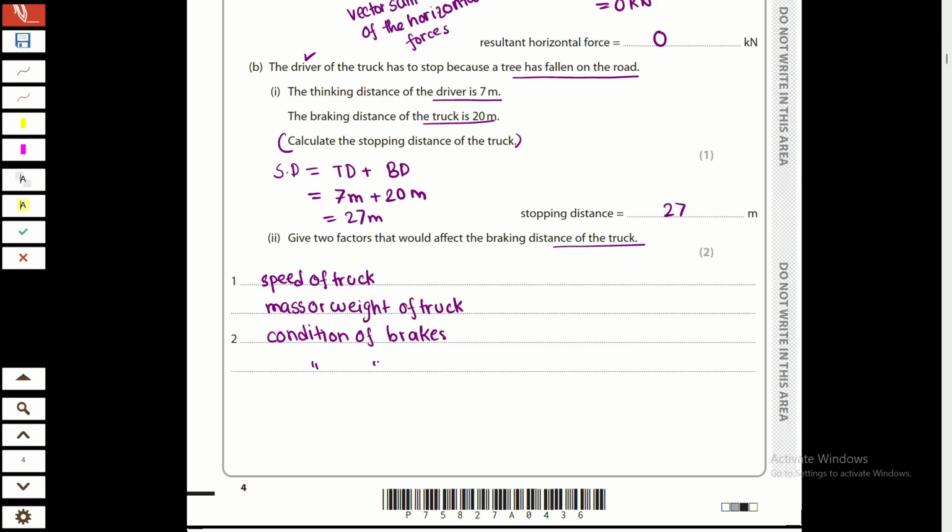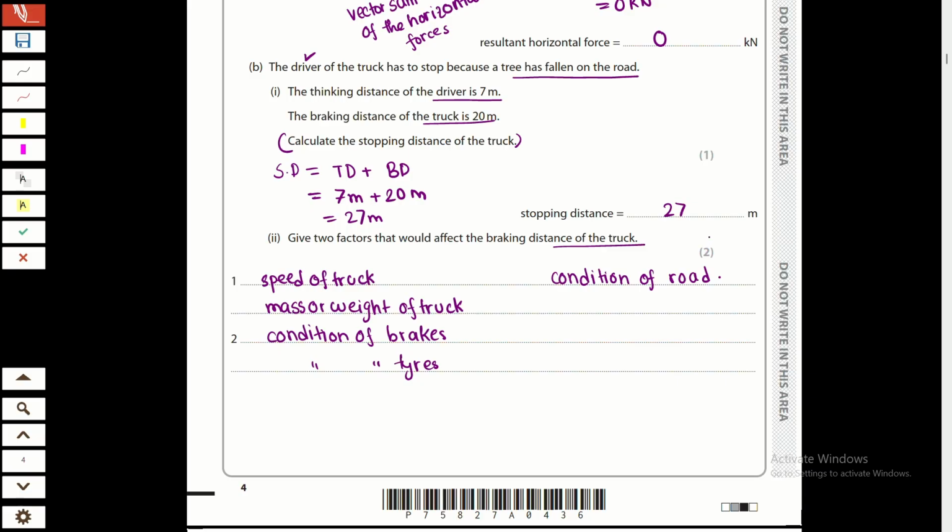Then condition of tires, and obviously condition of roads. If the road is wet, then obviously there would be very little friction between the tires and the road, and hence the braking distance would be more. So you just have to write any two factors out of all these 5 factors.